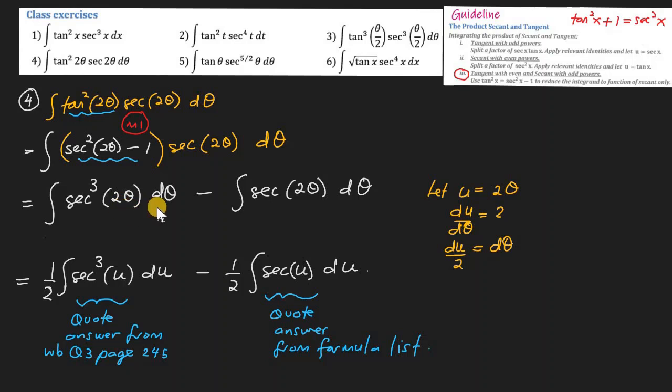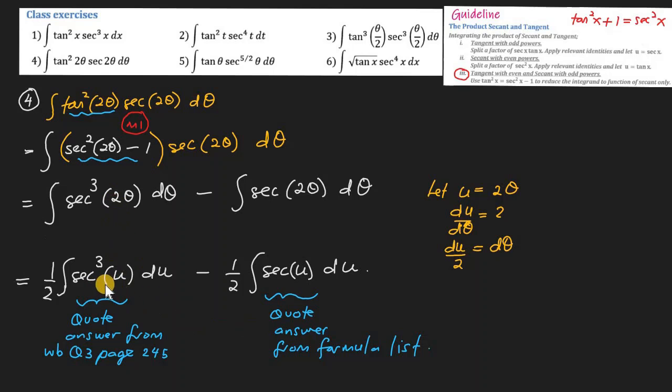Before we are able to use a formula, like this is given in our formula list, consider to simplify the angle so that we can read it as a single angle u. Okay, I'm changing it into u. You can use any other variable as you like. Only if we have secant u, one single u, du, then you can quote the answer given in the formula list.